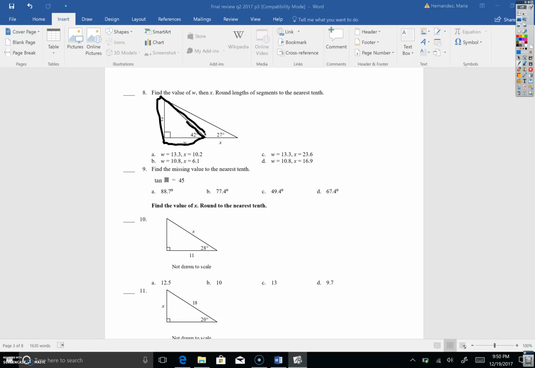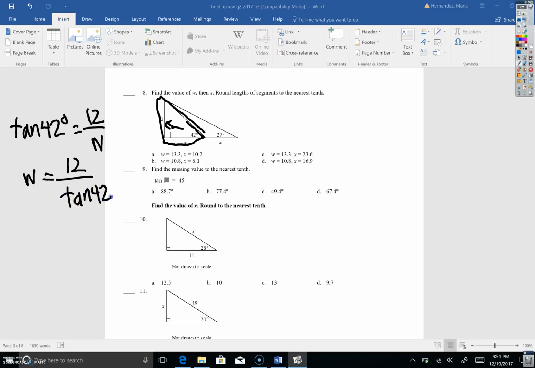So if you look at it, we got 12 and we got W. So again, tangent of 42 degrees equals opposite 12 over W. So we flip-flop and we get W is equal to 12 over tangent of 42. It's 13.3. Okay, so we have to do the other one.